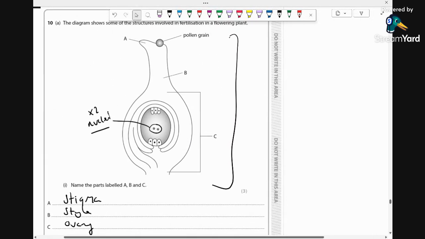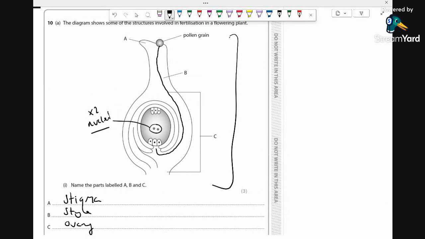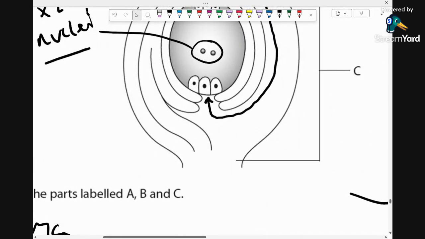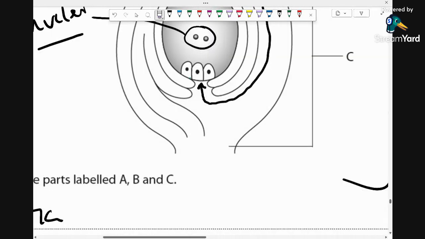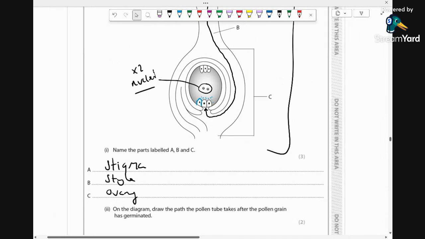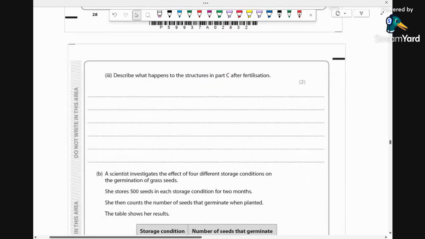So we'll have the pollen tube going down here and into the micropyle there. And if you're interested in why, it's because you have certain cells, let's say this one in blue here, that release certain chemical attractants, if you like, that attract the pollen tube. So that's a little bit of extra for you if you're interested.